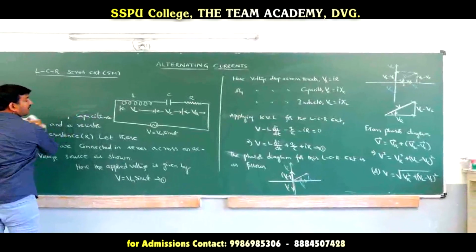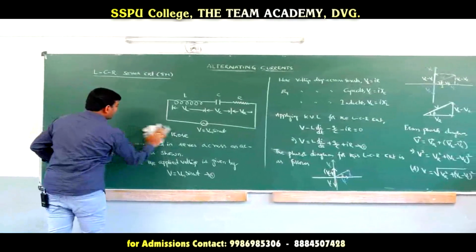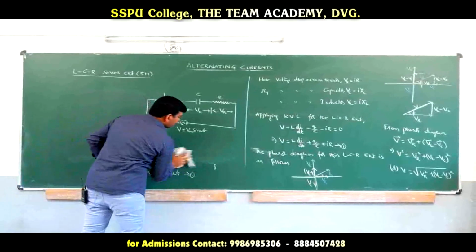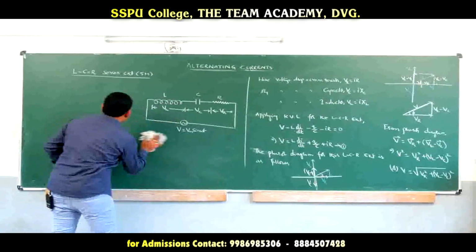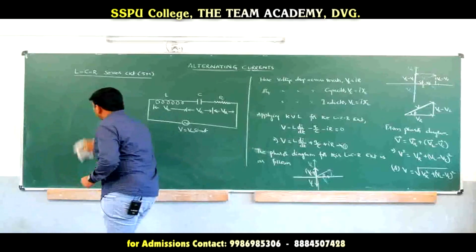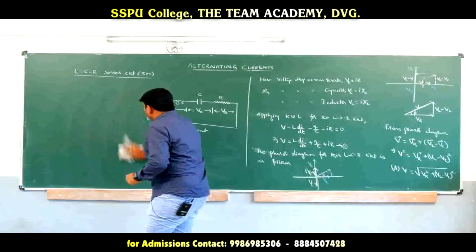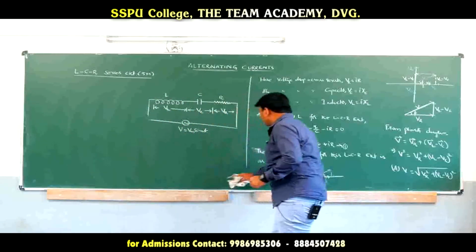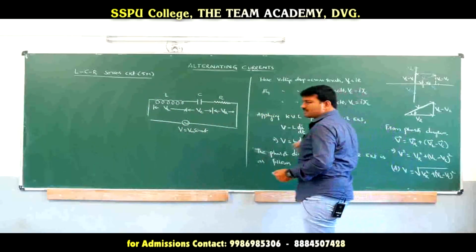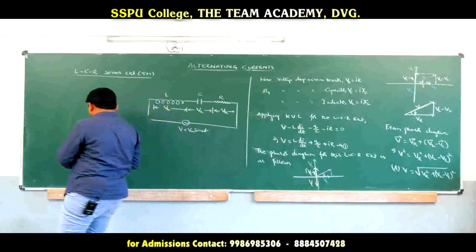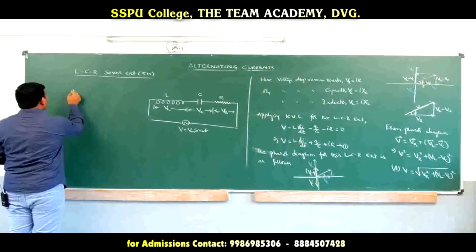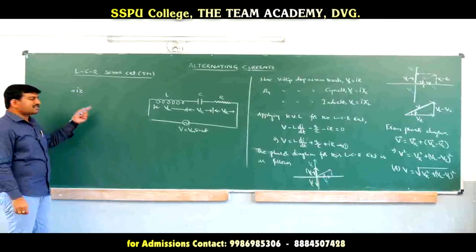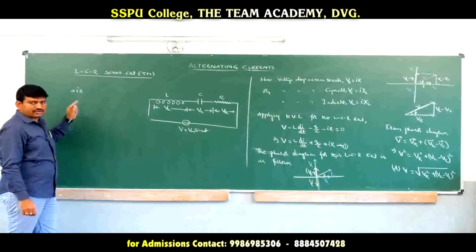Now, from that equation, I can replace the terms V, VR and VL minus VC using our previous knowledge. How we are going to write that, I will show here. V means, according to Ohm's law, V is equal to I into R, but here R means the total resistance offered by the LCR series circuit. Therefore, V can be written as I into Z. This Z is called the impedance of the circuit.